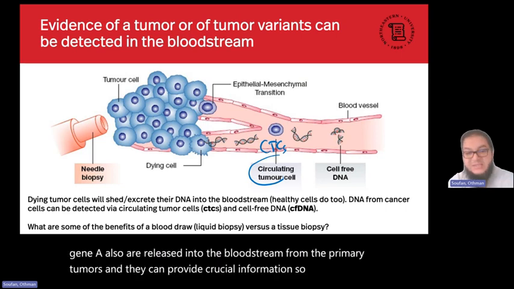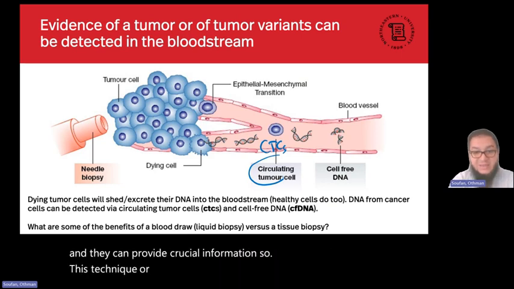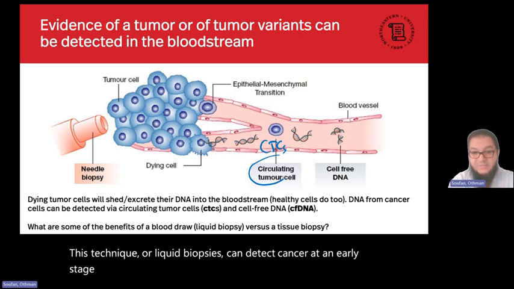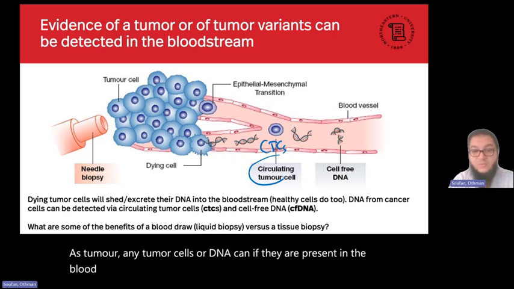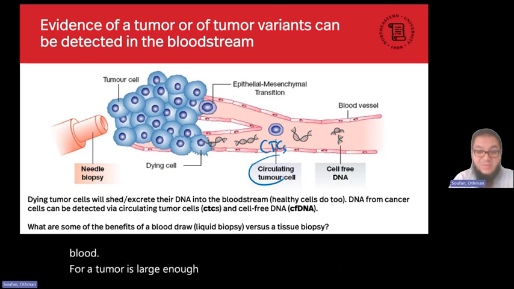So this technique of liquid biopsies can detect cancer at an early stage, as any tumor cells or DNA, if they're present in the blood, before a tumor is large enough to be detected by maybe other means. So it is useful.